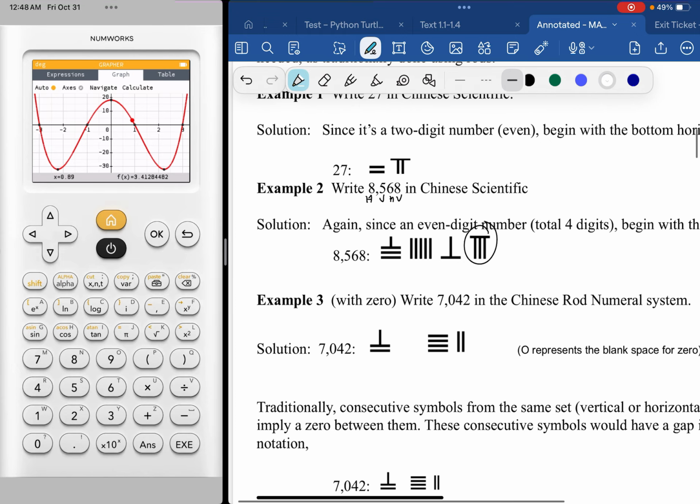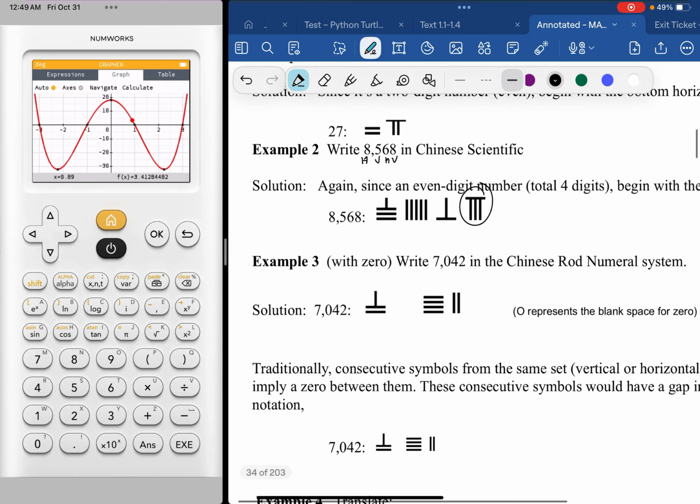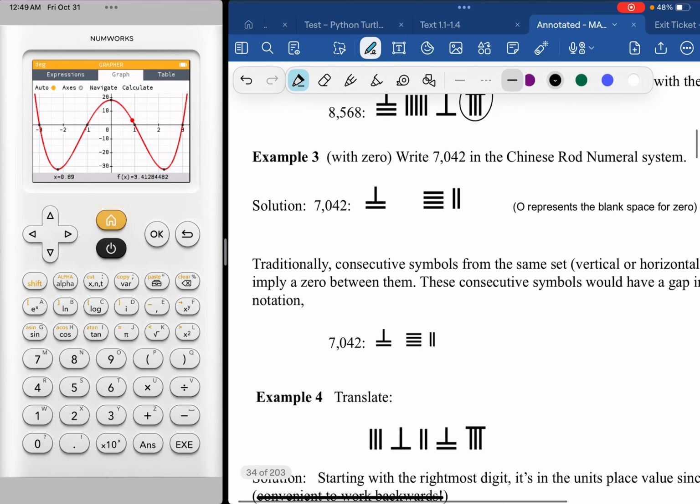The other thing, and it's written in here somewhere, I forget where, would be a little shorthand way of writing it. Oh, I wrote it down here. It is to write it without the space. So 7,042, if I wrote it without the space, would look like a 3-digit number. But because we have a vertical, horizontal, horizontal, what that means is that there's an implied vertical in between.